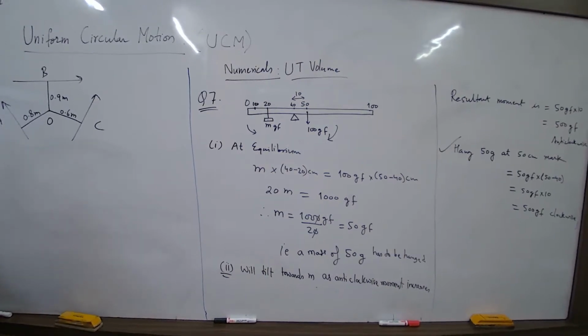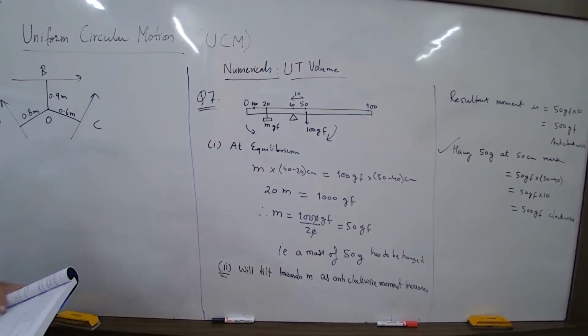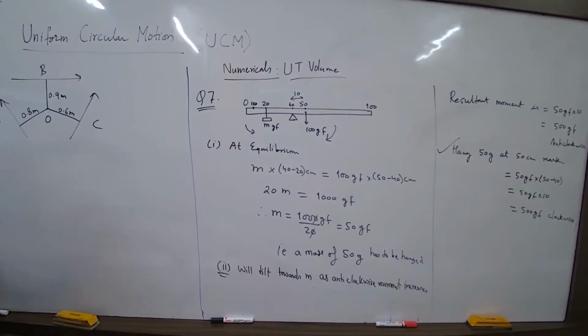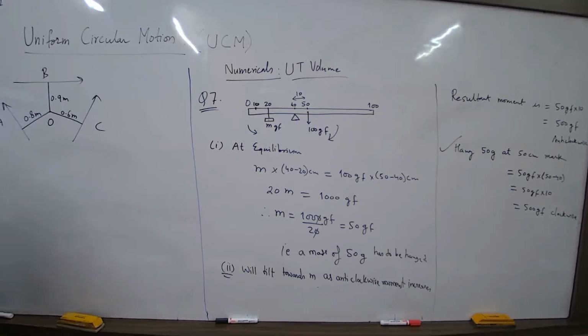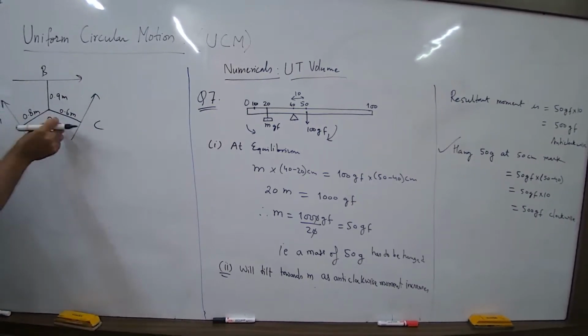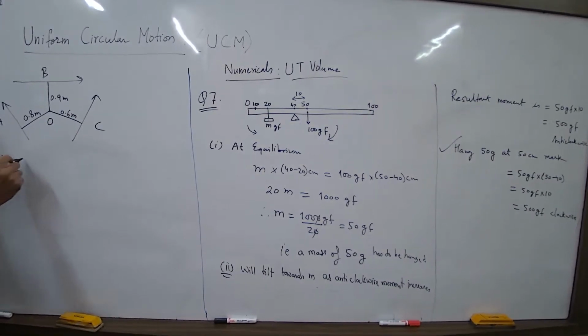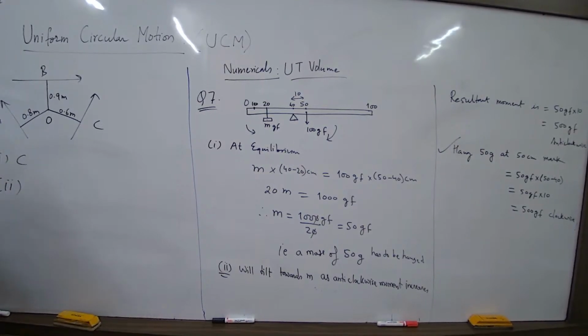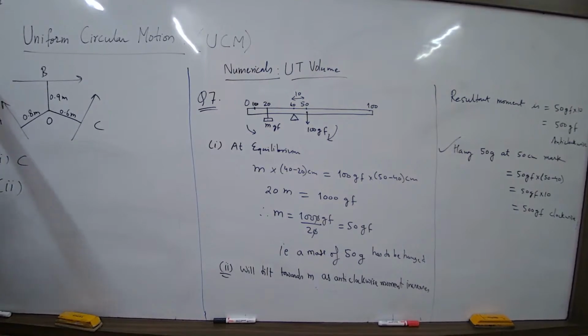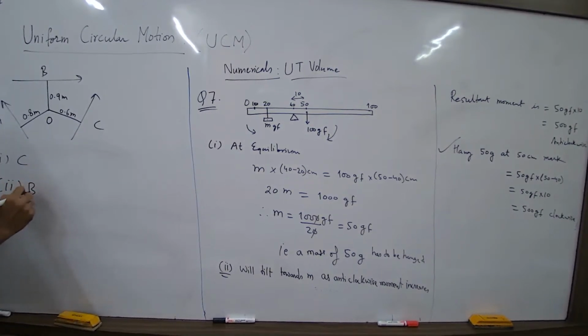Now, what is asked? Which force has the least moment about O? C. Because every force is the same, the smallest distance would give the least moment. So first is C. What about second? B. Second is B, maximum, right? Now, what is the reason?